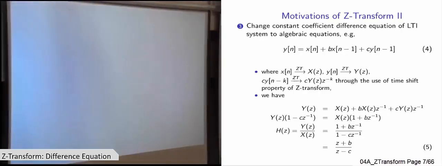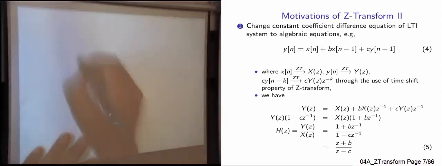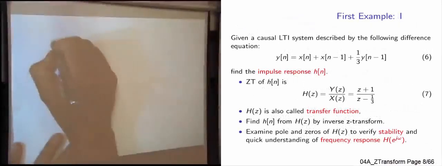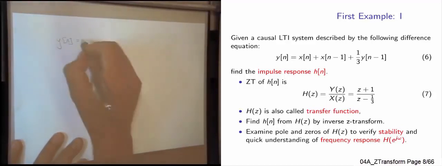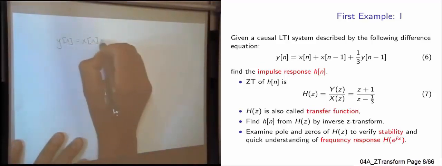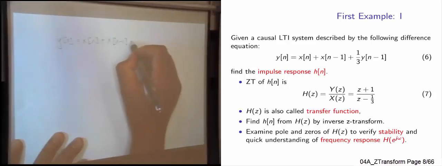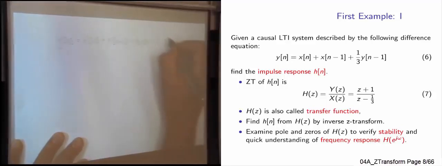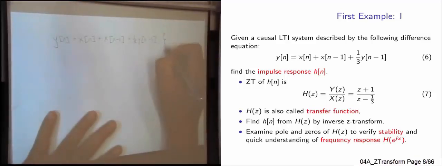Right? What else? This is the interesting thing. Of course, we also like to play with difference equations, and now I'm going to give you a concrete difference equation. y of n equals x of n plus x of n minus 1 plus 1/3 y of n minus 1. Now, what do we call this?